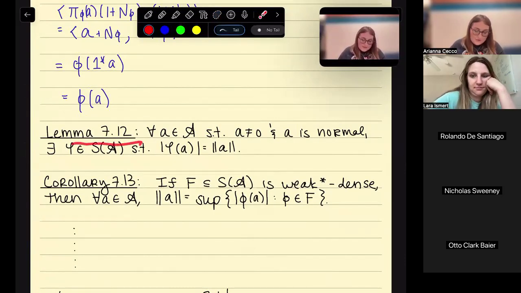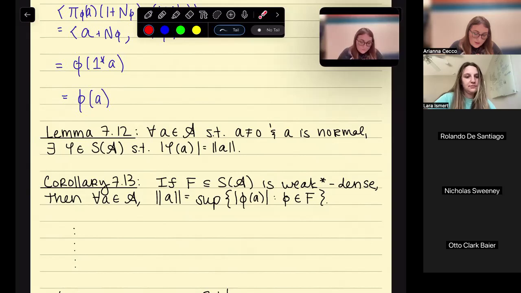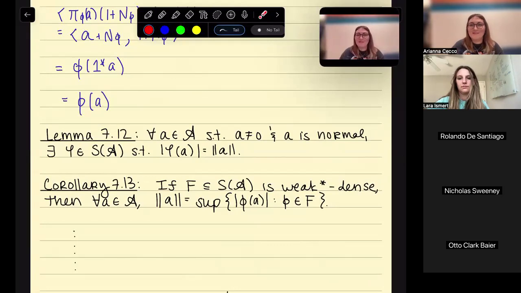Lemma 7.12 says that for all A in the algebra such that A is non-zero and normal, there exists a state such that the absolute value of phi of A is equal to the norm of A. And a corollary of that says that if F is a weak star dense subset of the state space, then for any A in our C star algebra, we can write the norm of A as the sup of the absolute value of phi of A, supping over all of these phis in F. Sorry, not finite, weak star dense.